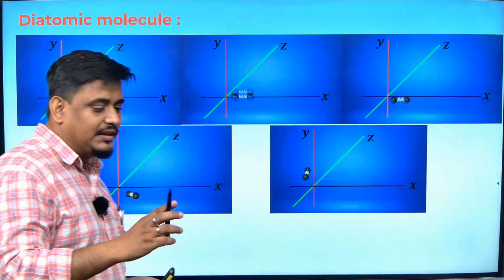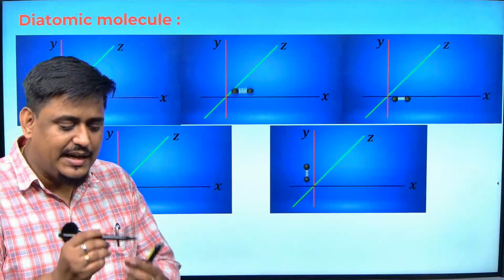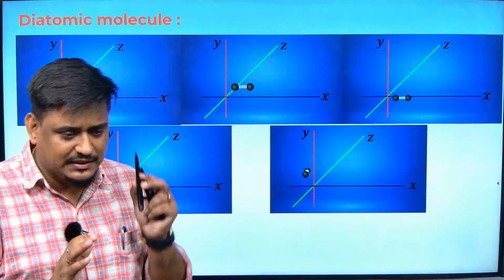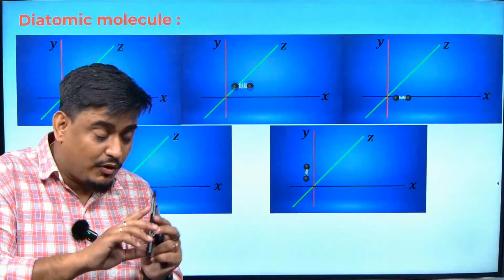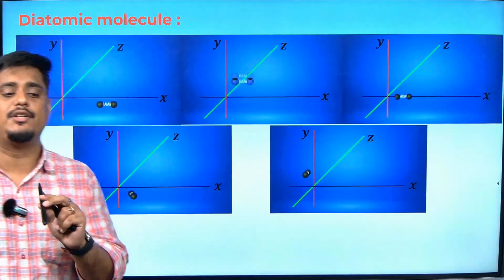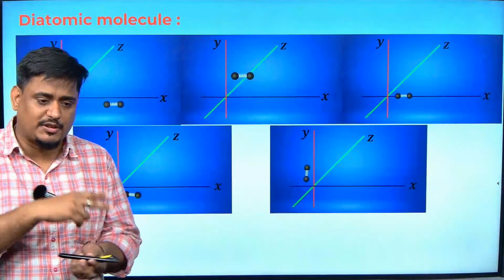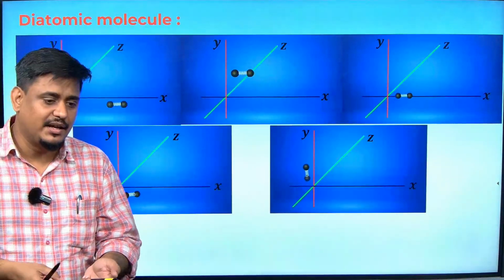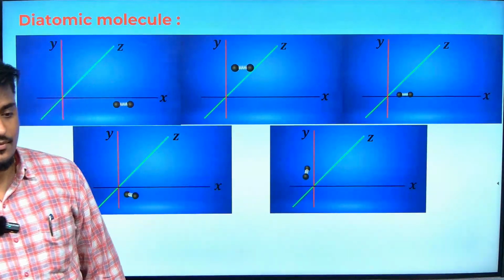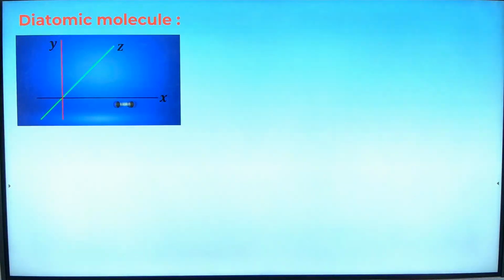This diatomic gas will be in a particular direction, either x, y, or z. If I talk only about rotation, it can rotate only perpendicular to it. There are two more planes possible, because already it is in one plane. In the plane in which it lies, it will not rotate. I'll show you in the last slide. That will be written.